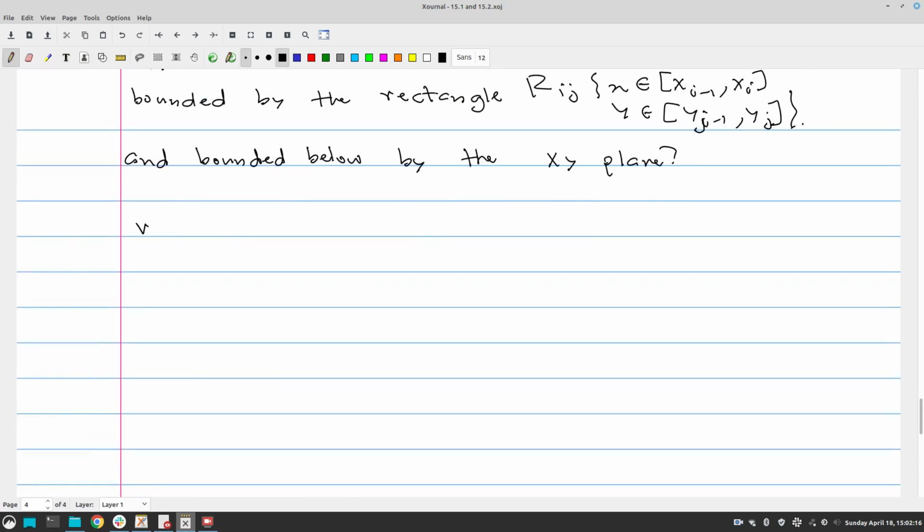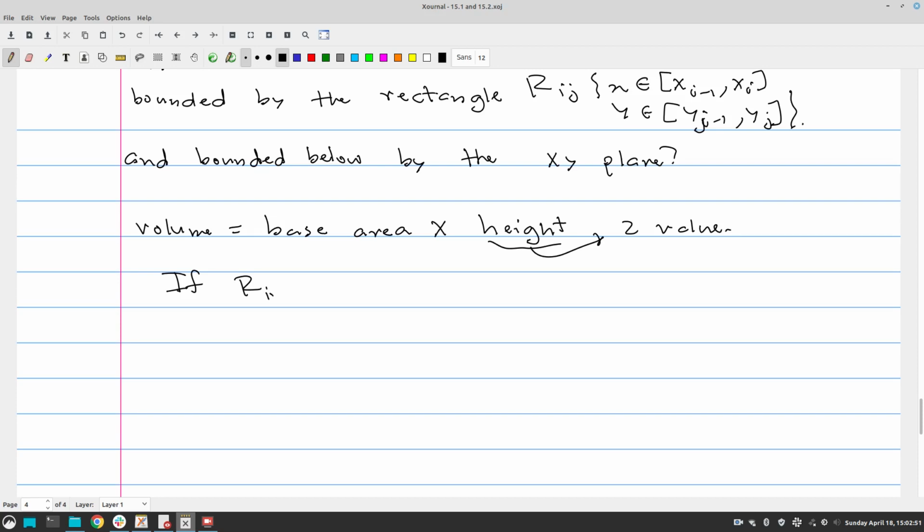So again, volume equals base area times height, where by height we mean the z value.